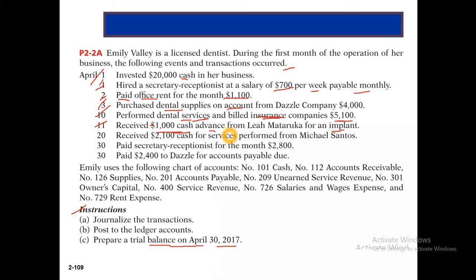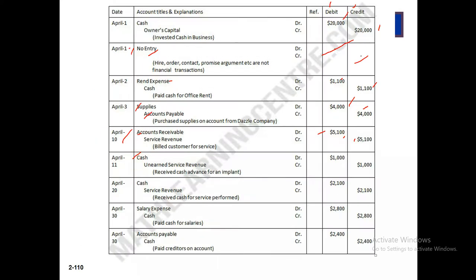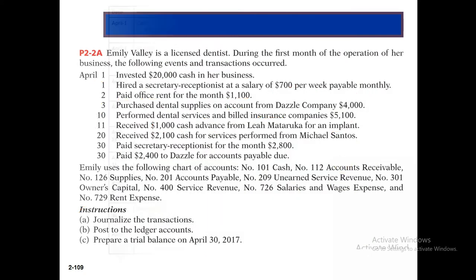This will be unearned service revenue credit. So cash debit 1,000 and unearned service revenue 1,000. When we actually do the job, at that time we will get actual service revenue. Now it will be unearned service revenue.